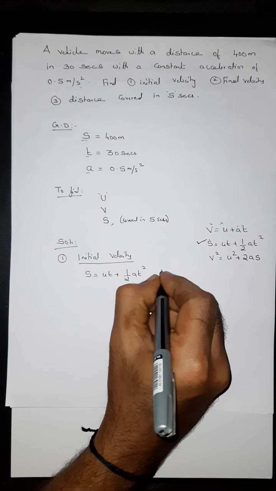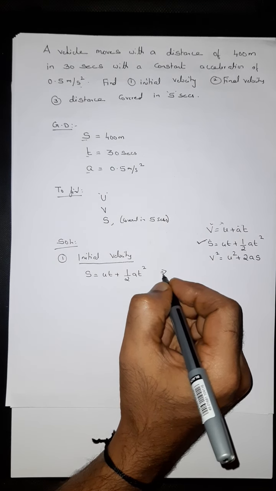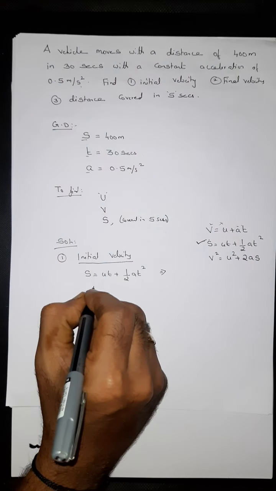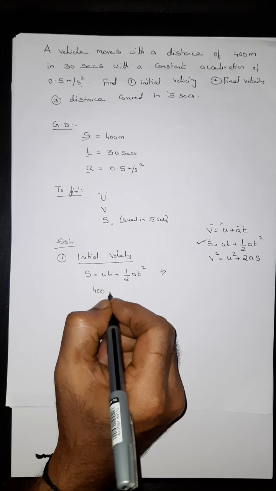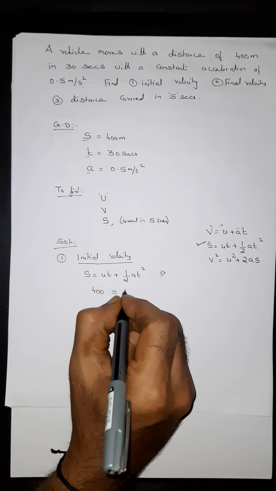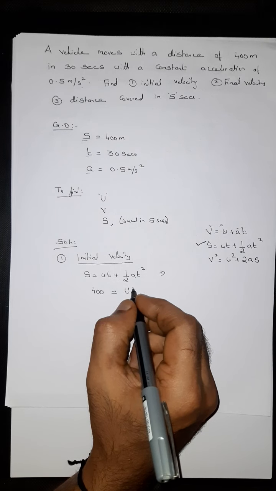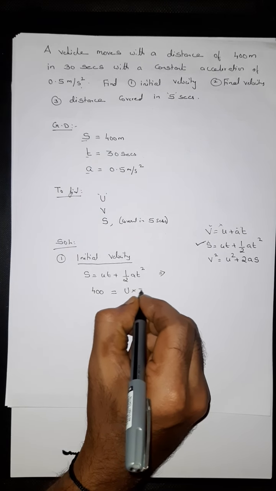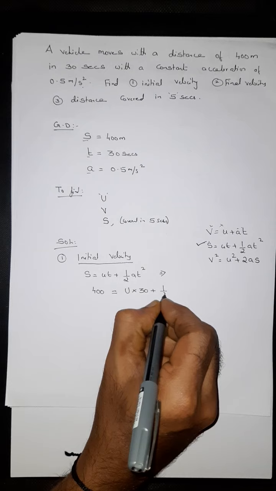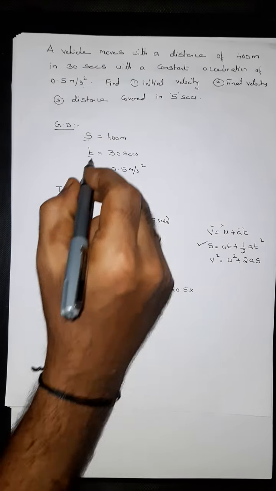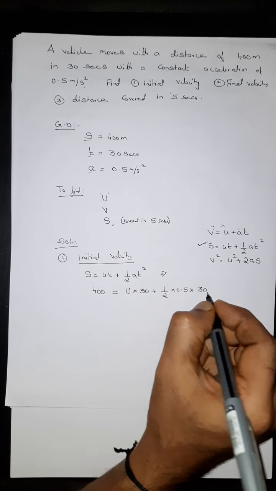S is equal to 400 meter. U is unknown, that's what to find. T is 30 seconds, A is 0.5.